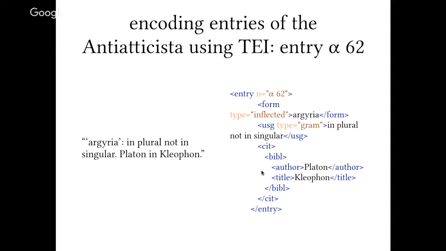Cleophon is the comedy. We have here actually grammatical information about the word argyria, namely the fact that you are allowed to use the word argyria in plural and not in singular, as is the canonical form, and you find an authority supporting this usage, and this authority is Plato, the comic poet Plato, in his comedy Cleophon.